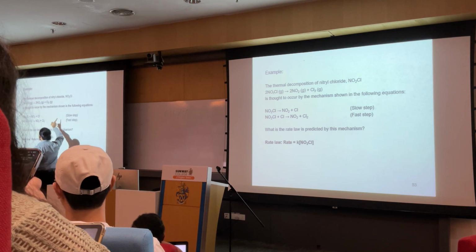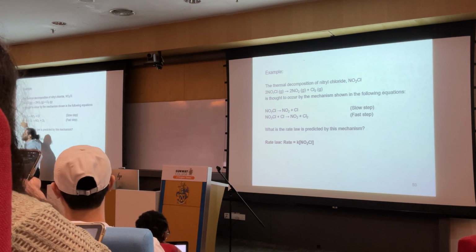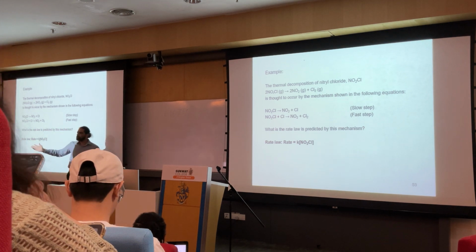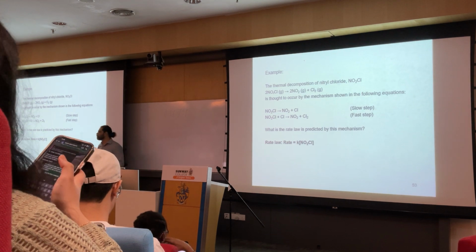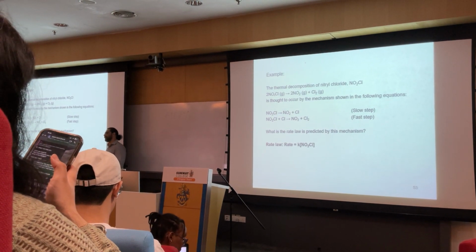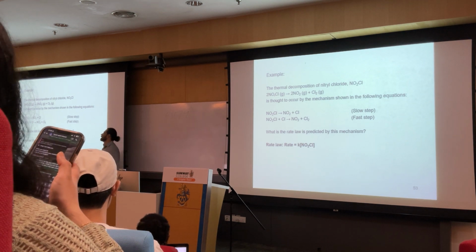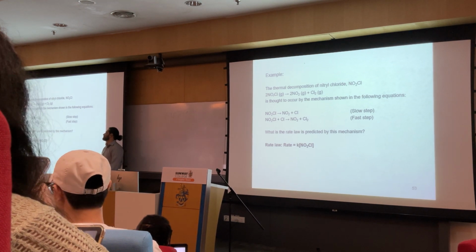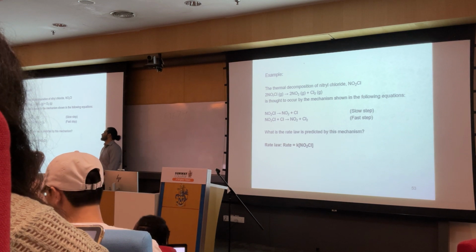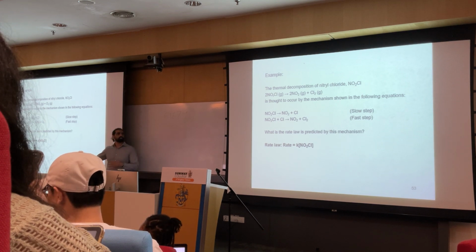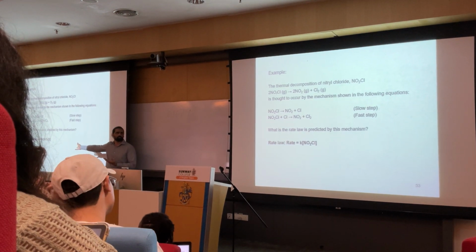And in the slowest step, there's only one reactant, so that's what we will write in the rate equation. That's all. I am not in the mood of giving this type of question, that's why I said forget about it. But in some cases, you can expect questions like this. But in general chemistry, you would have seen a lot of questions like that, right?